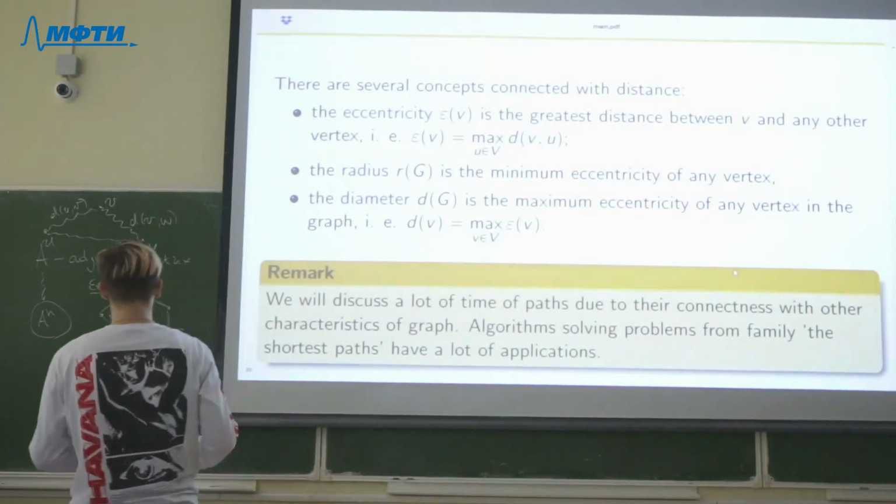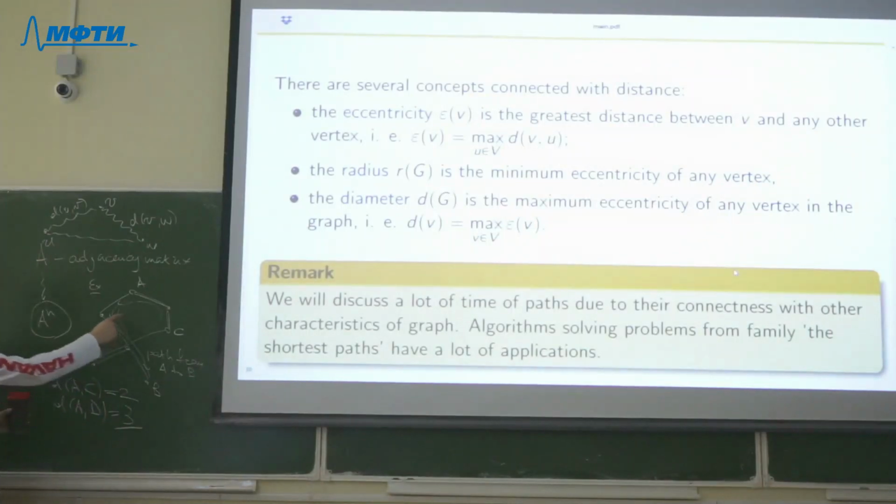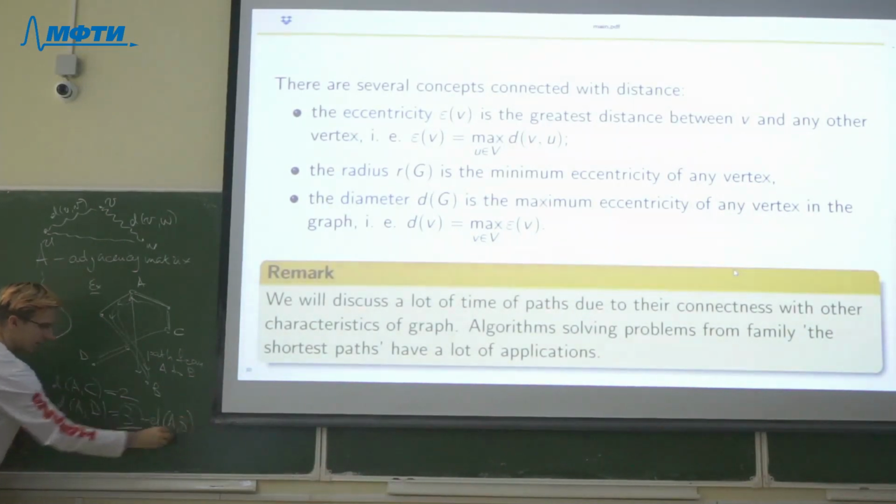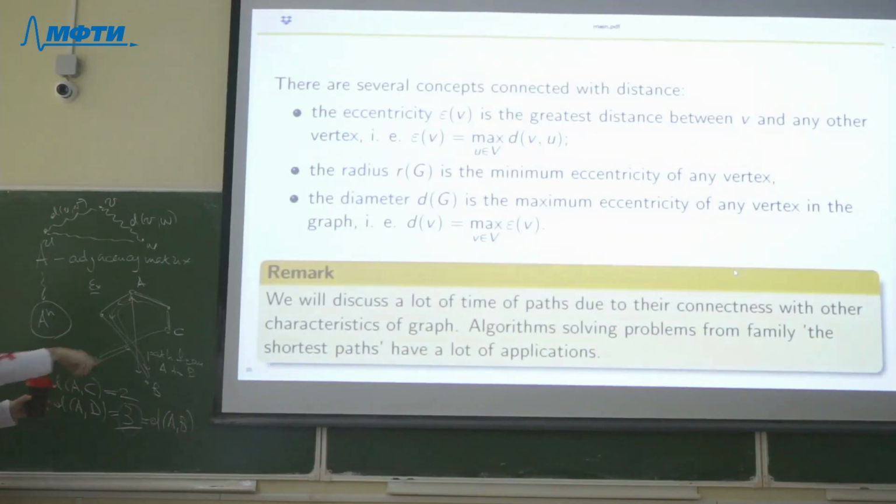And for example, we can see in this graph, yeah, the maximal distance will be between A and B. It's equal to 3, and other distances between two vertices from this graph are smaller than 3. So it's the diameter of the graph.